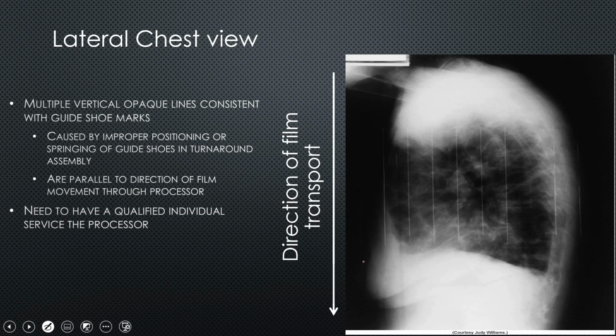They are parallel to the direction of the film movement through the processor. As you can see, this arrow here, the direction of the film transport is going down, and that's the direction of those lines. Again, quality control, making sure you have somebody that can come in and service the processor to make sure that everything is top notch.